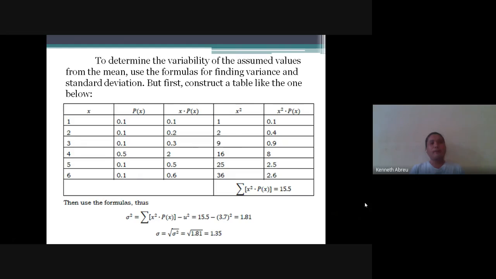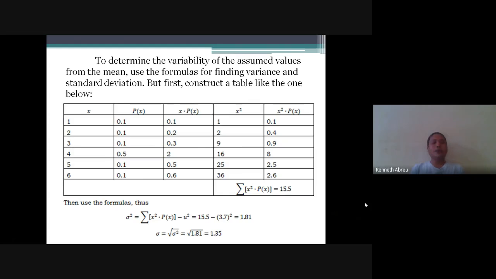The probability of x, the probability of each number of dots, would be on the second column. On the third column is the product of x and the probability of x. We just multiply the corresponding x and probability of x, so that would be x times probability of x.